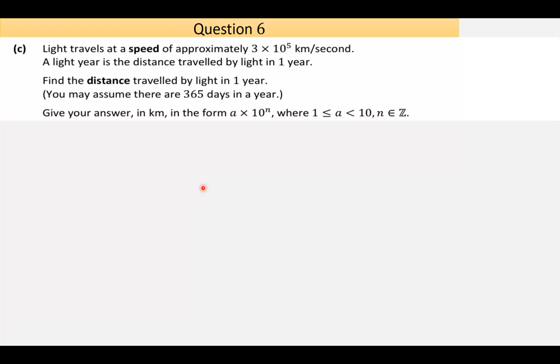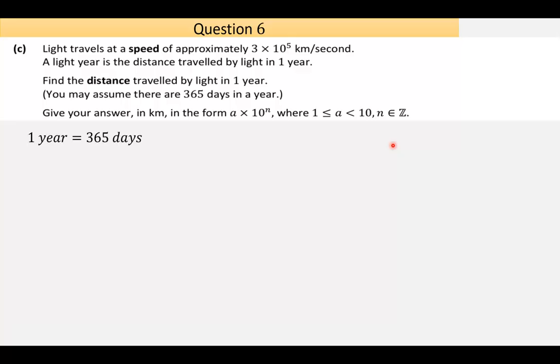The question then says, give your answer in kilometers in the form a by 10 to the n, where a is bigger than or equal to 1, but less than 10, and n is a positive or negative whole number. So the exact same format there. You'll see that in every question you ever look at in terms of scientific notation.